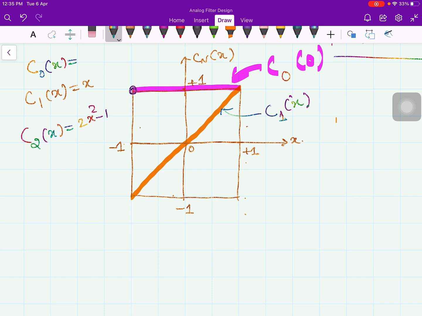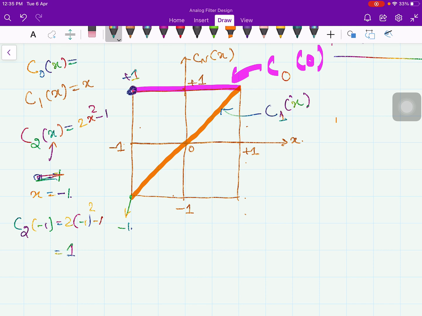Substituting x equal to minus 1, C2 of minus 1 is equal to 2 times minus 1 squared minus 1, so this is 1.